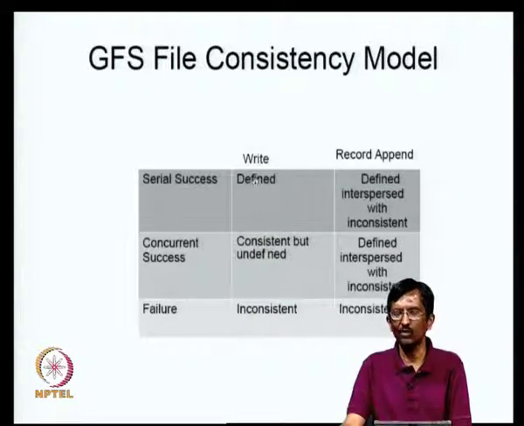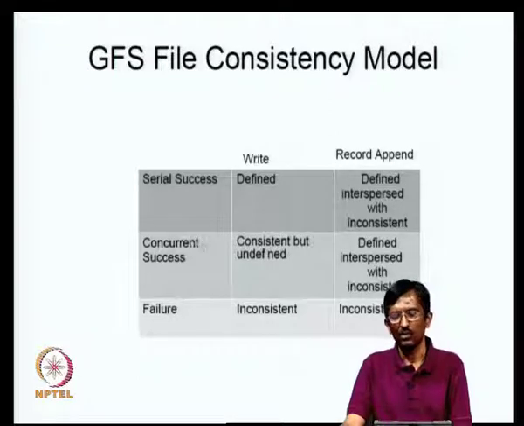See, there is no concurrency here, therefore there is no issue of it being anything other than what has to be the case. So all these things are concurrent situations. Only this is a serial one. This one says serial success, but because this record append is essentially trying to give you a concurrent way of appending things, you still could have the same problems that concurrent writes also have.